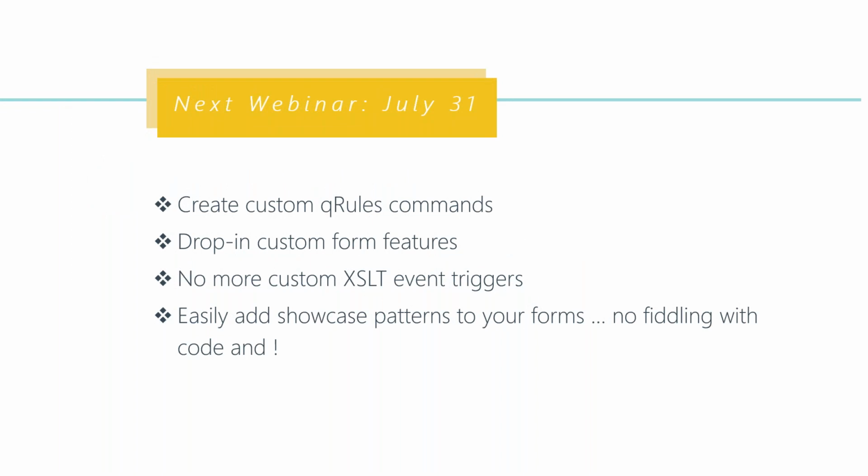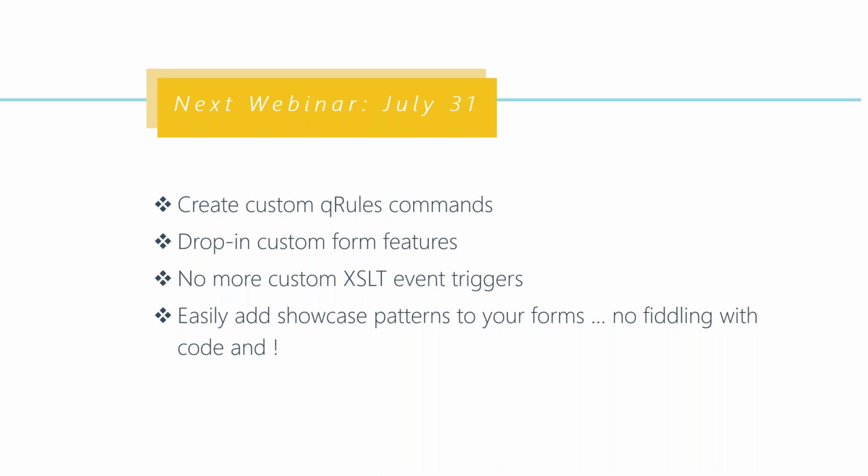Our next webinar is coming up in 2 weeks. We're going to be going into more detail about this custom QRules command feature. So what this sort of enables is you can just drop in new features to your forms. You can make your own features if you're so inclined. A lot less fiddling with code and config files and the source files for your forms.